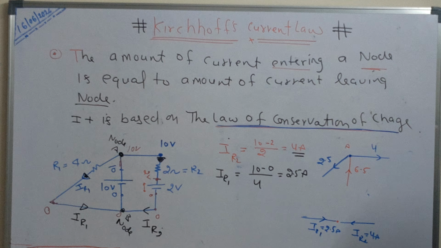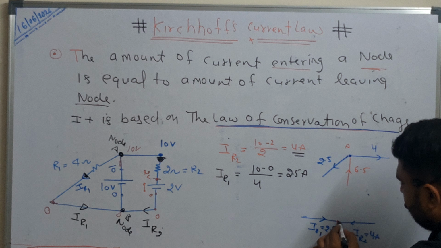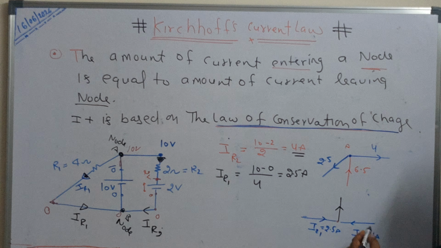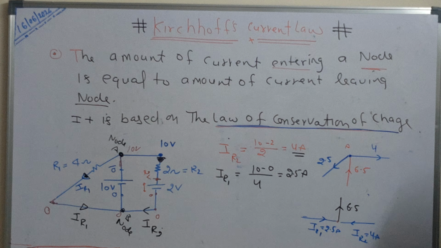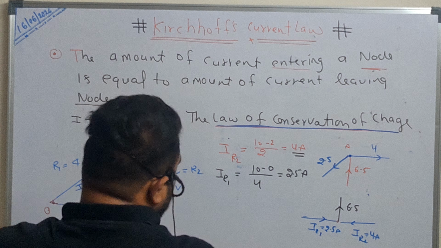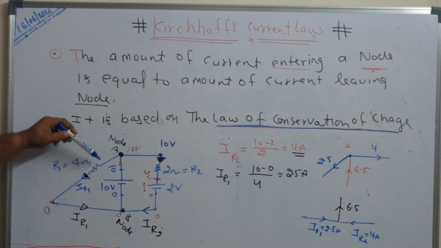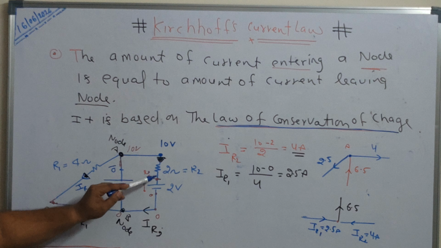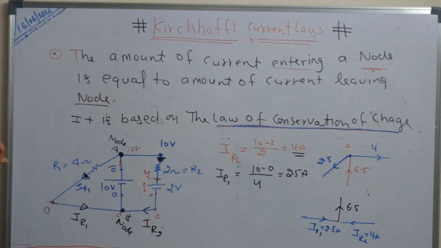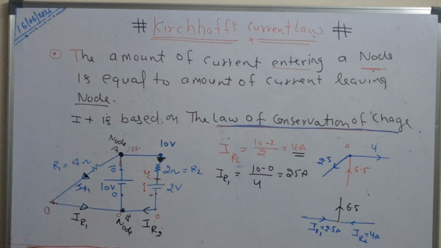Now how much current does this line carry? It is the summation of these two, again 6.5 ampere. So I have completed all the branches of this circuit. In this branch the current is 4 ampere, and here 2.5.